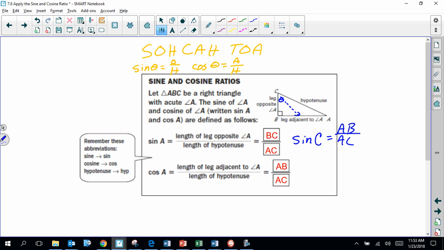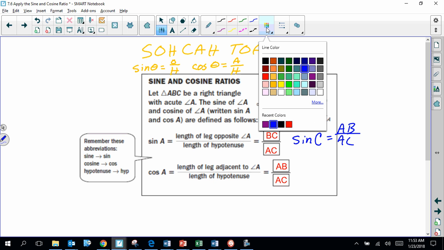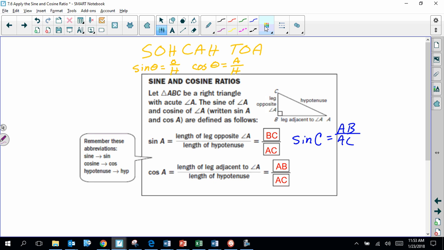And we could do the same thing with cosine. Again, the angle of reference will change depending on where your acute angle is. So, what would be the cosine of C? Well, the cosine of C here, if that's my reference angle, the side adjacent to the angle that's not the hypotenuse is side BC, but the hypotenuse is still just AC.